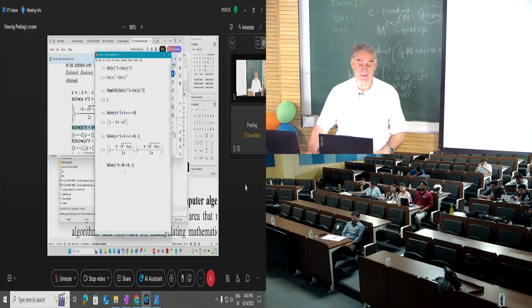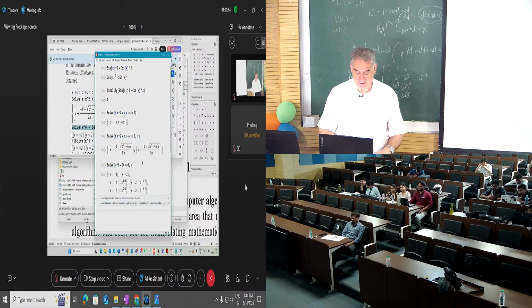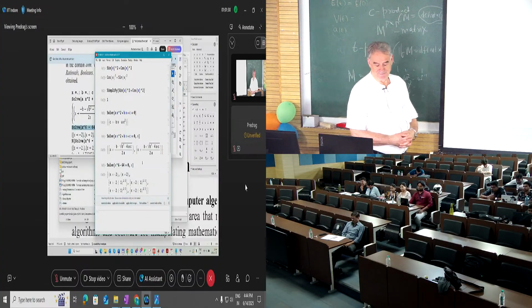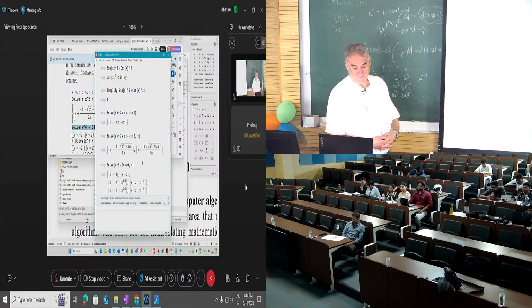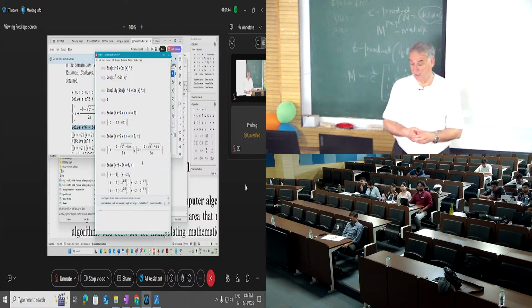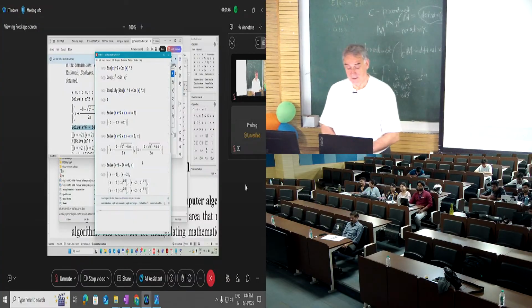Solve this equation of order 6 with respect to X. Of course, we must obtain 6 solutions. Some of the solutions are real, and other solutions are complex.